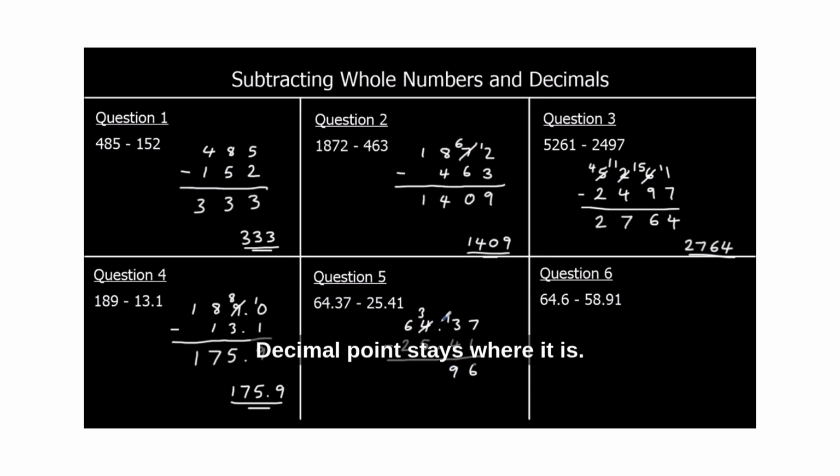Decimal point stays where it is. The ones, I don't want to do 3 take away 5, so I'll steal one of the tens, which would be worth 10 in the ones. So 13 take away 5 is 8. And the tens, 5 take away 2 is 3. So I've got 38.96.